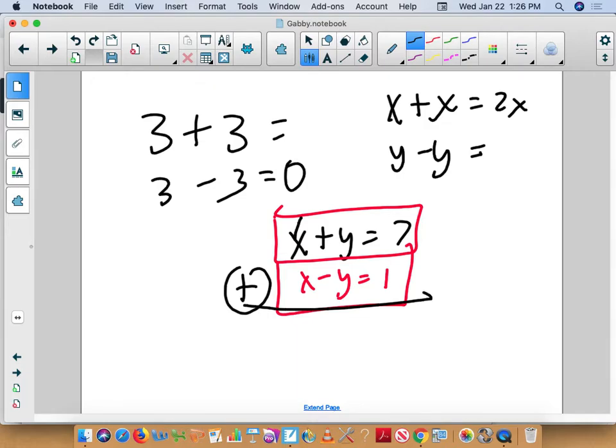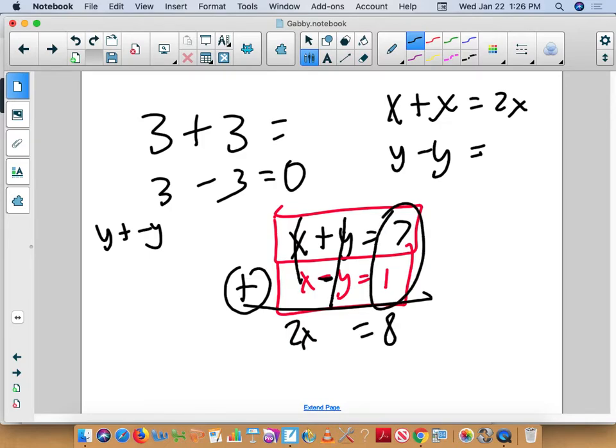X plus x is 2x. So what's a y plus a negative y? If I have a y and then I have a negative y, that means I have 0. It just cancels out. And then I'm adding 7 and 1, and I get 8. I don't really know what else to say.